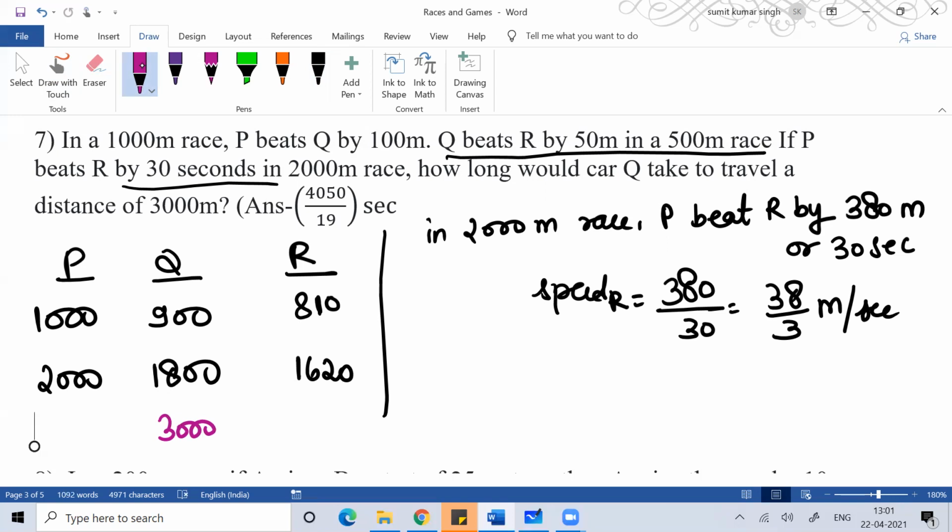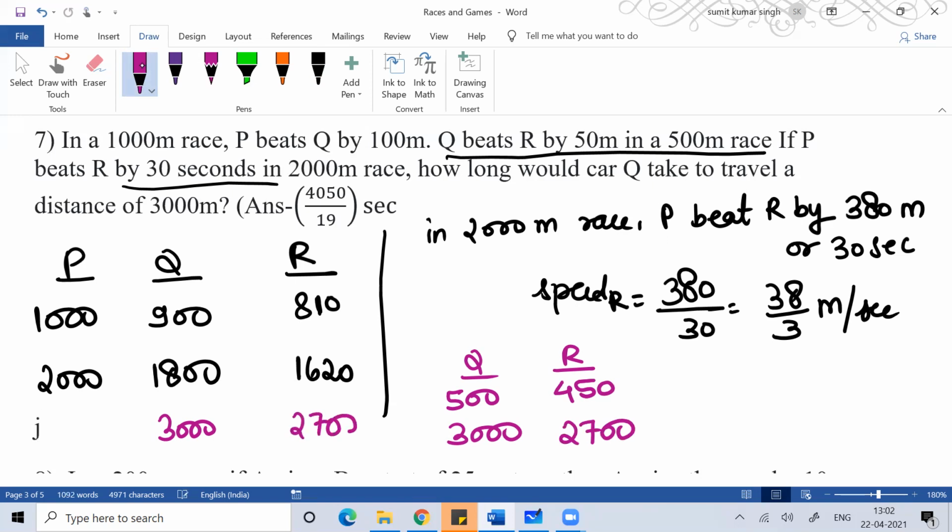You know that when Q has covered 500, R has covered 450. So when Q has covered 3000, it means six times. Six 45s are 270, so R would have covered 2700 meter.